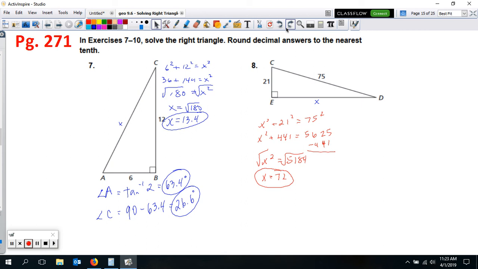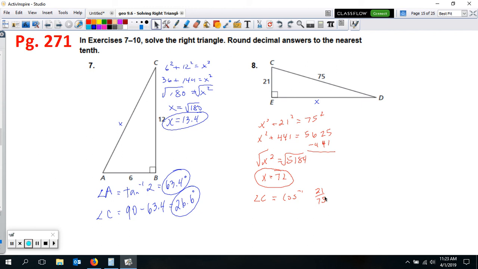And now to figure out the angles, you've got to pick one of those two. It doesn't matter which one you start with, C or D. I started with C on this one, so I'm going off of C. And again, it doesn't matter which trig ratio you use, because you have all the numbers. They're all, in fact, whole numbers. You could have chosen a different one than I'm choosing and still get the answer right, just as long as your answer is correct for angle C. So I'm choosing the cosine, which means adjacent over hypotenuse, the two numbers that I was given, 21 over 75.